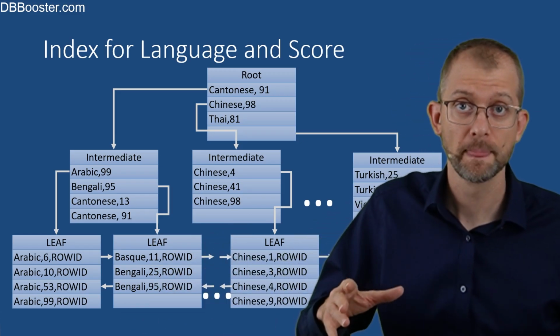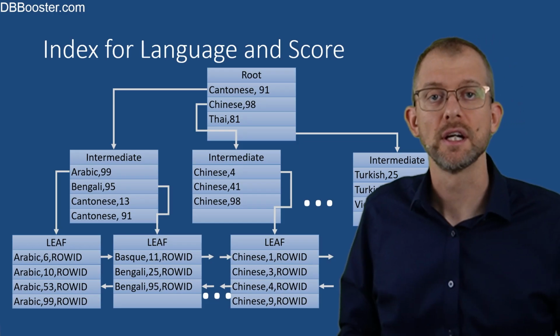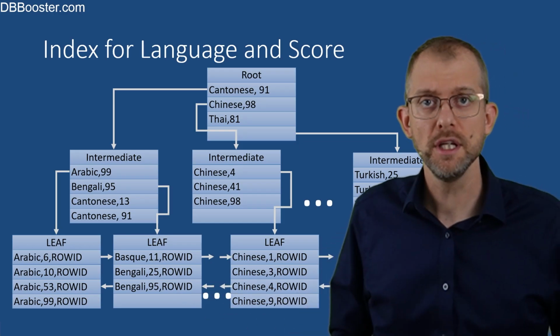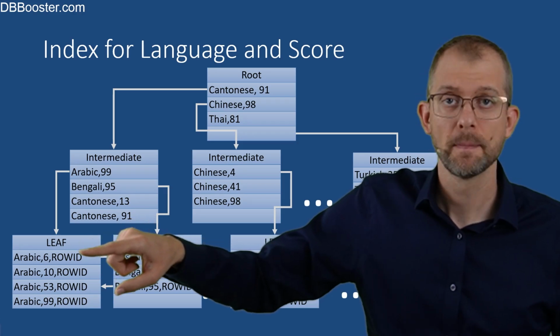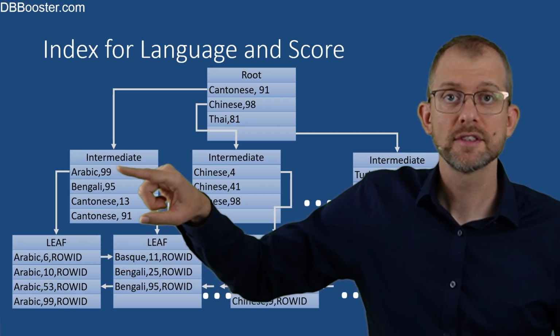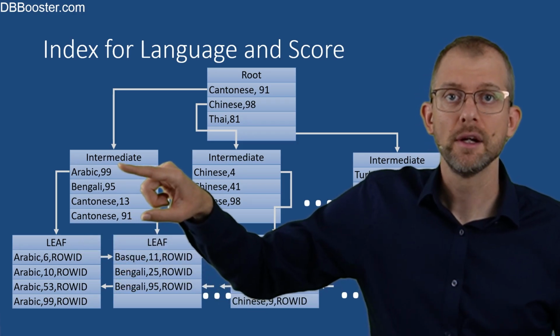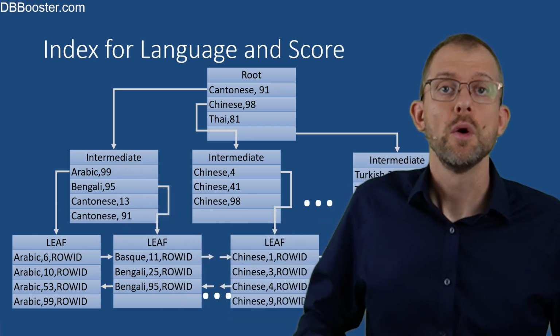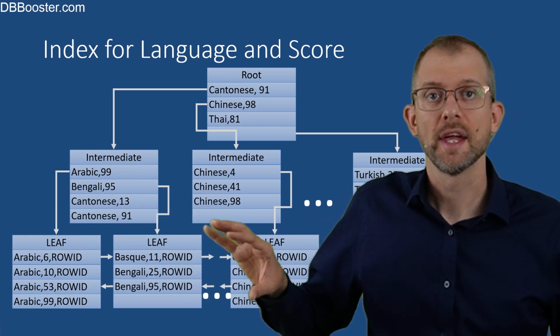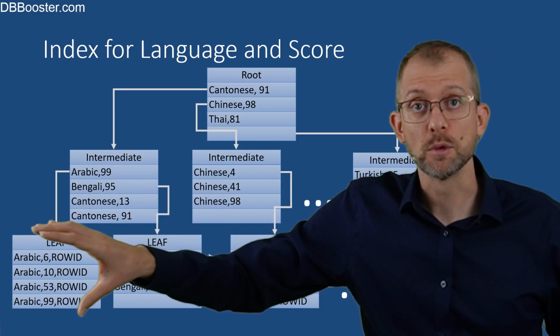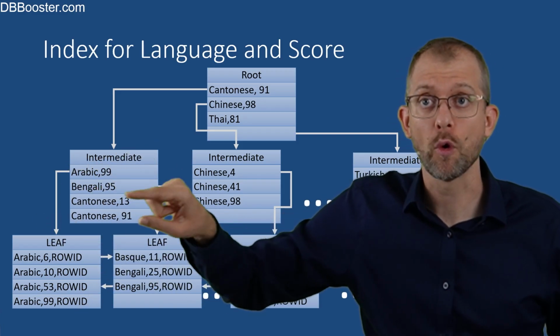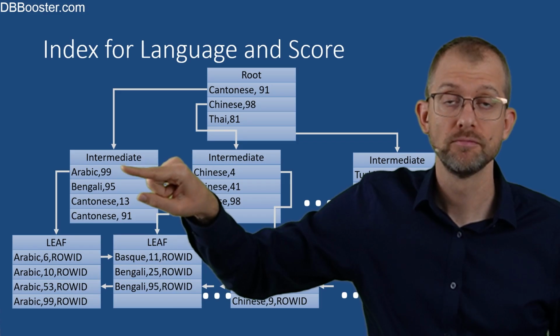You can also see that the highest value of each leaf page is stored in the intermediate page, and this entry points to it. This guarantees that when I use this pointer, all values in the leaf are the same or smaller than this value.